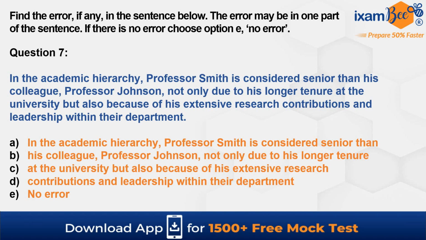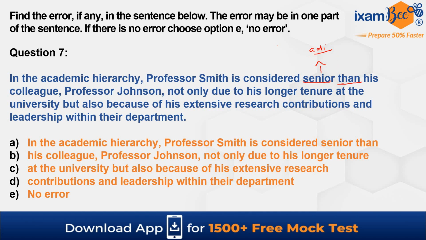Okay, you see that the error is actually very easy. It's very easy, right, to find out that there is a word that should catch your attention, that is senior. Senior is an adjective, and then you see that there is then after this adjective. We are actually comparing here, right?